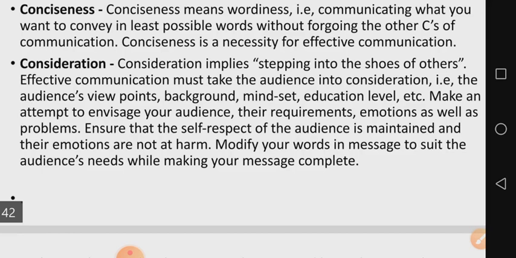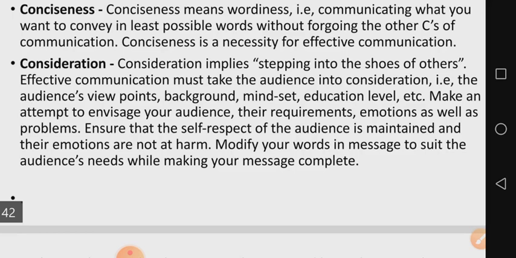Next is called consideration. Consideration implies stepping into the shoes of others. Effective communication must take the audience into consideration. I already told you in the first point that you consider the audience before composing a message or before starting a communication, such as what the media should be, like we discussed in the measures to overcome barriers in communication.